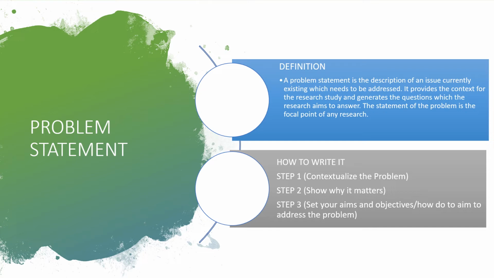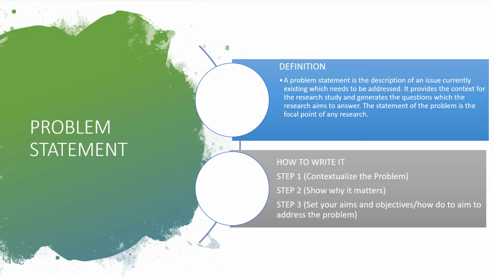Step 1, contextualize the problem. What is the problem that your research aims to address? For instance, your research topic is poverty in Pakistan. So you'll contextualize the problem, poverty in Pakistan. You'll state the details regarding that.